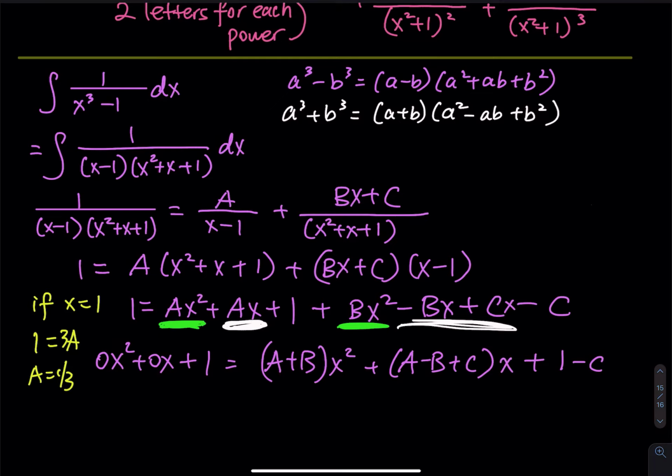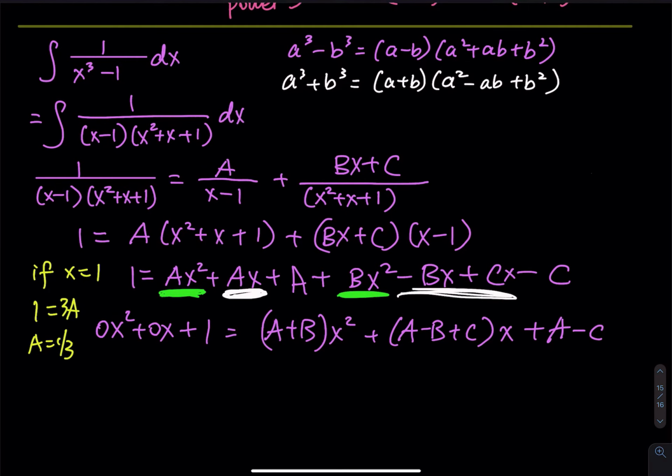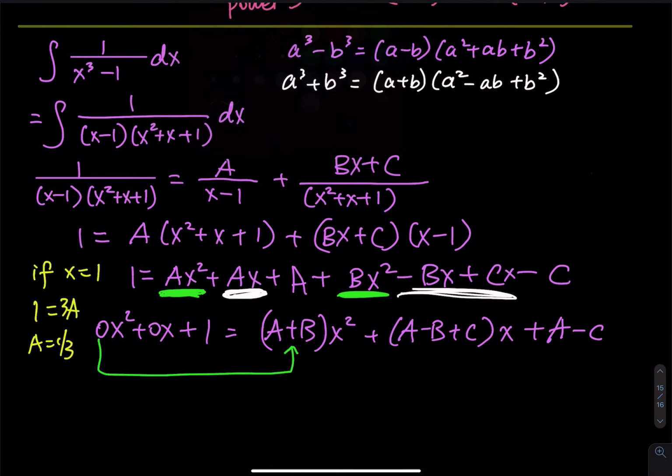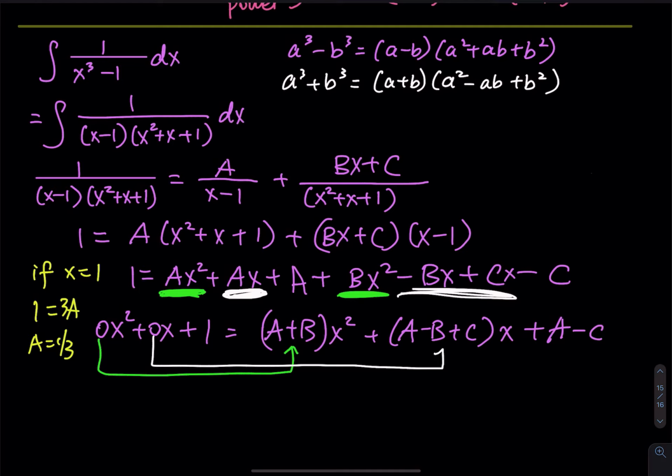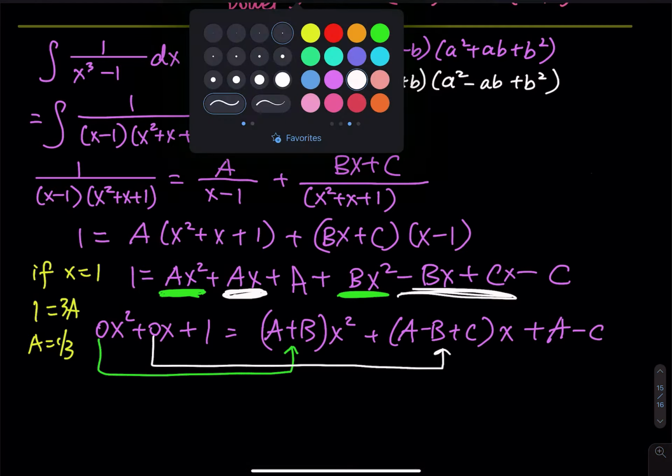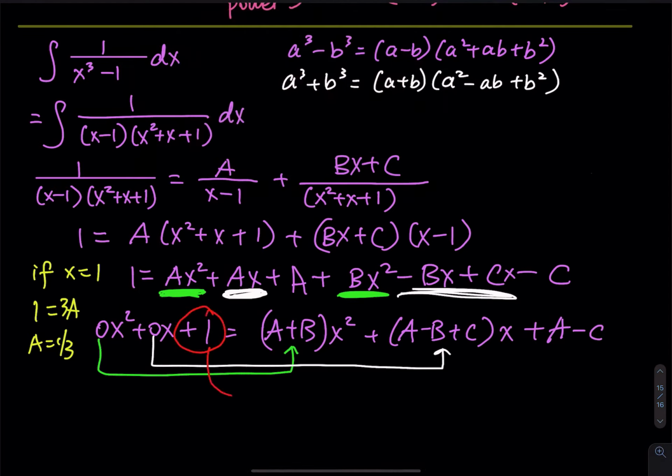Oh, by the way, that is a. This is a, not 1. A minus c. All right, and then you equate the coefficient. So the 0 goes to a plus b, and then the second 0 goes to a minus b plus c, and then the constant, the 1, that goes to a minus c.